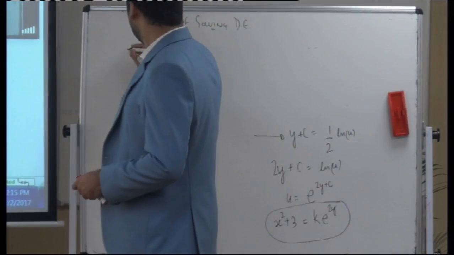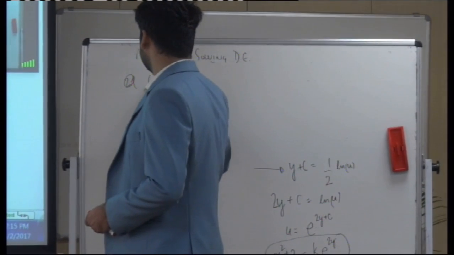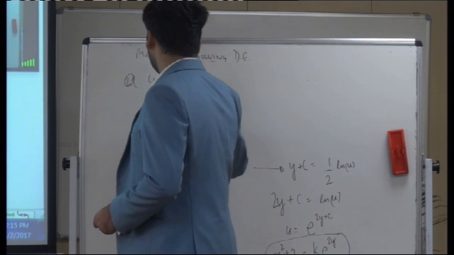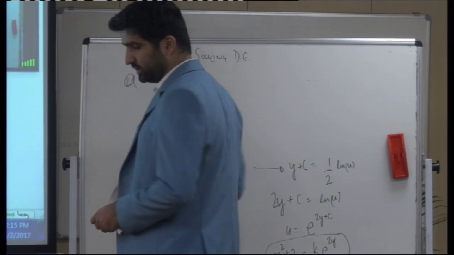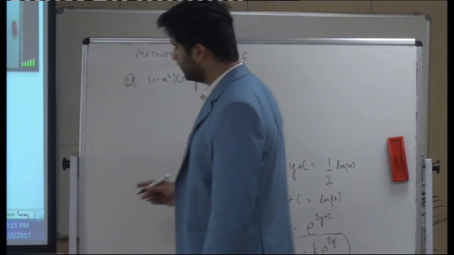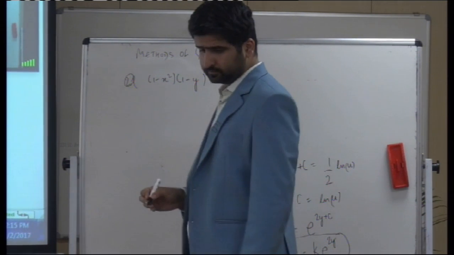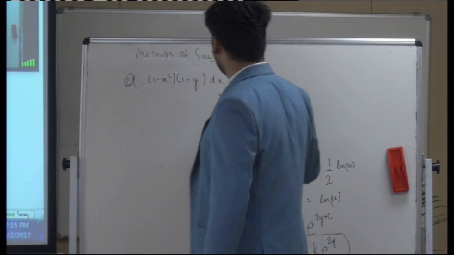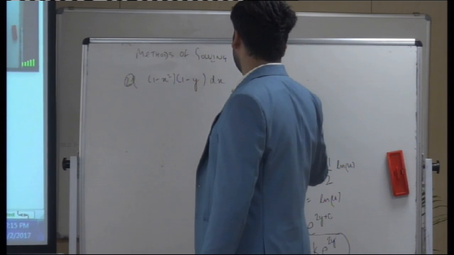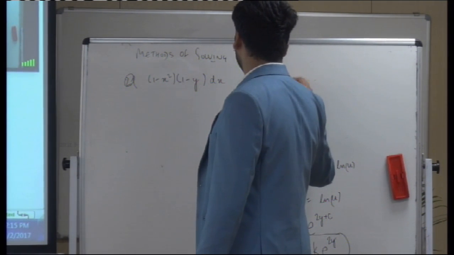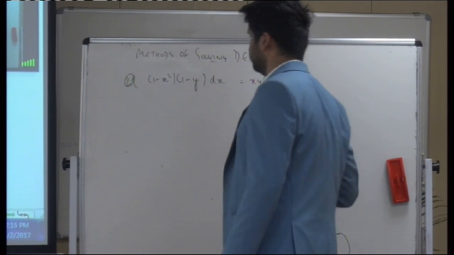Next is (1 minus x square) into (1 minus y square) times y dx is equal to xy (1 plus y) dy.